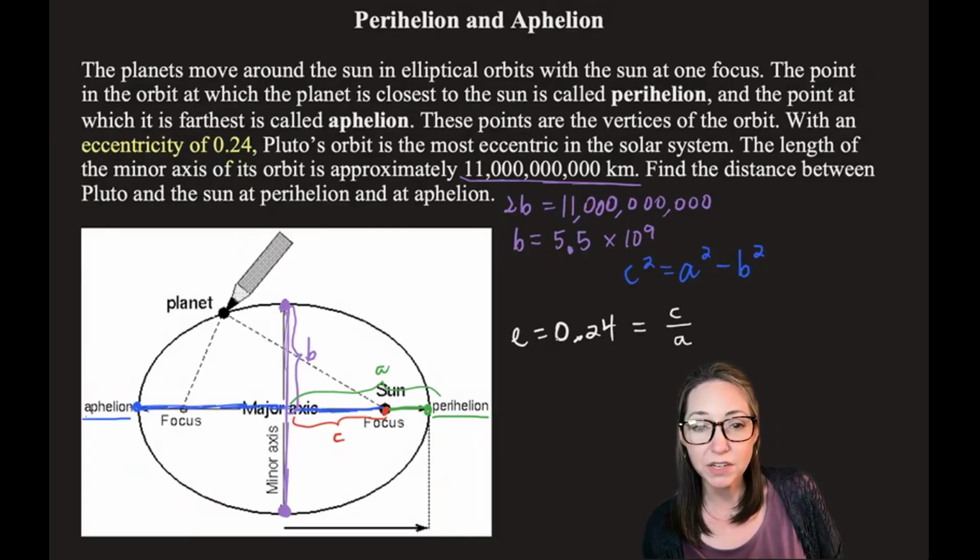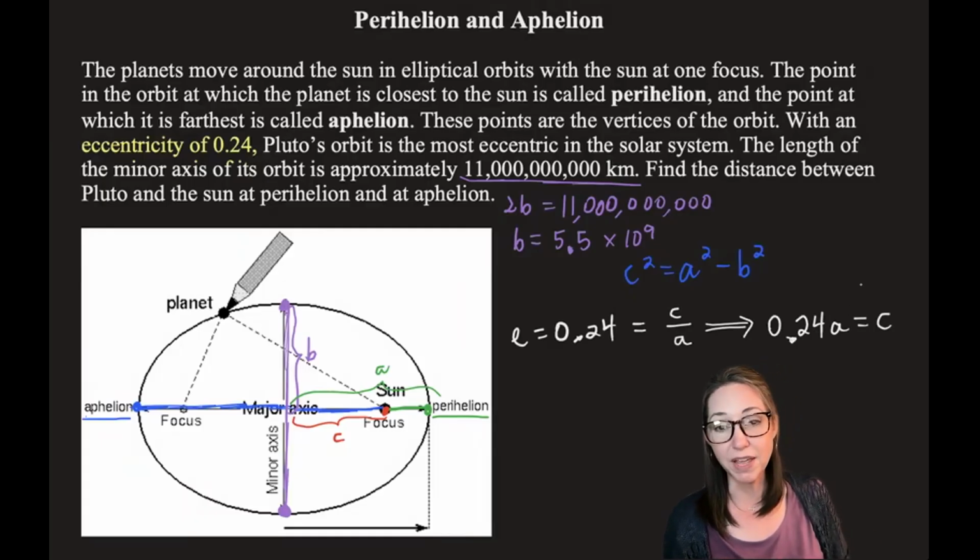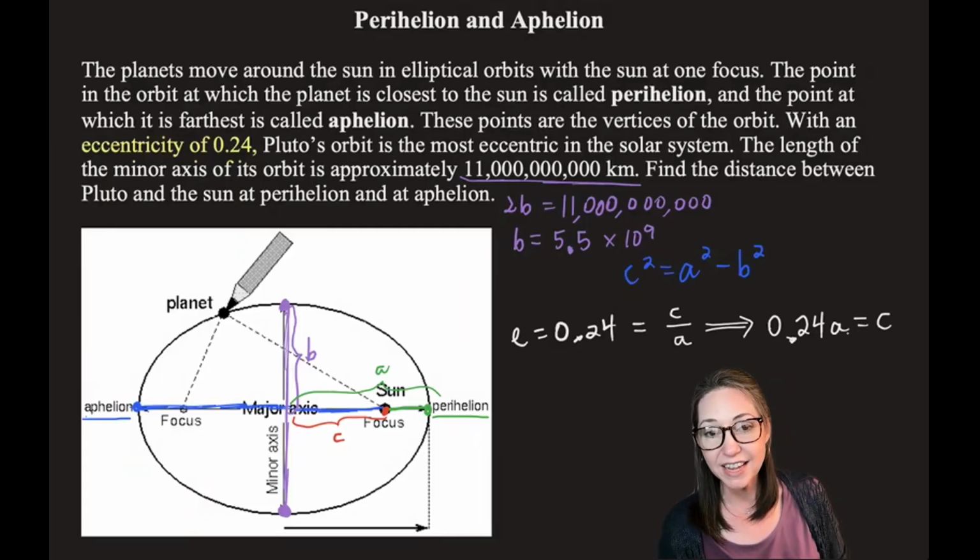The simplest way to do this would be to eliminate the fraction. If we multiply both sides of this equation by a, we get 0.24 times a is equal to c. Since I'm interested in solving for a, I'm going to substitute this into the blue equation so that we can relate a and c.